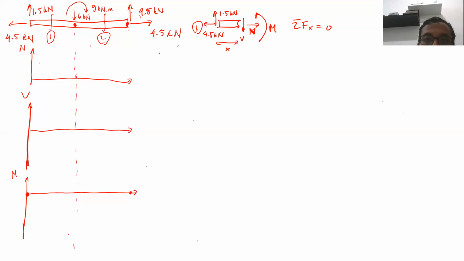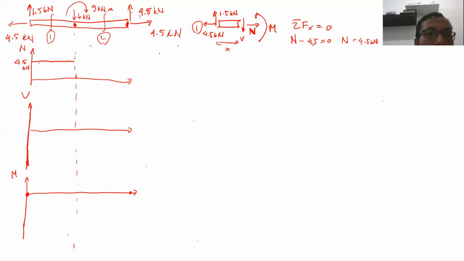This one is N. So N minus 4.5 is equal to 0, so our N is equal to 4.5 kilonewton. Now I can draw at the end there. So this is 4.5 kilonewton.